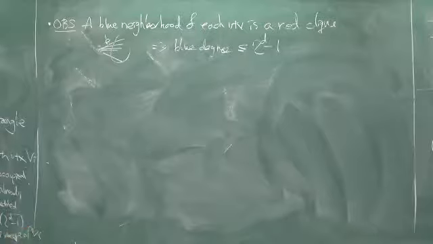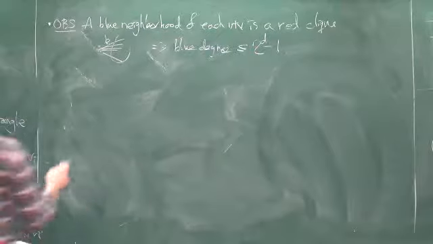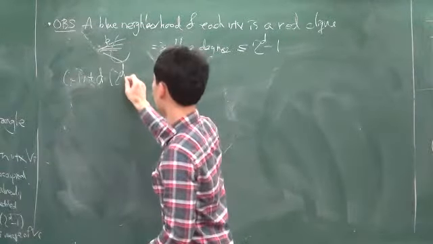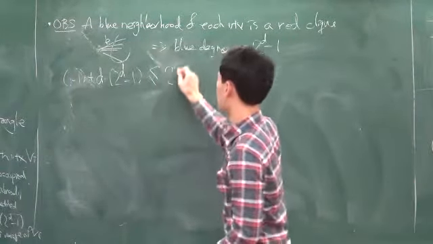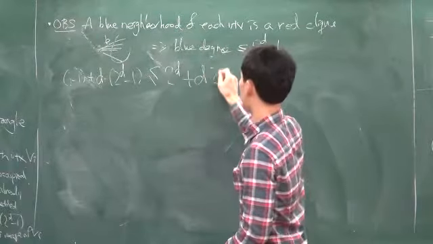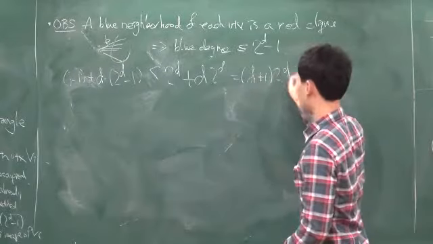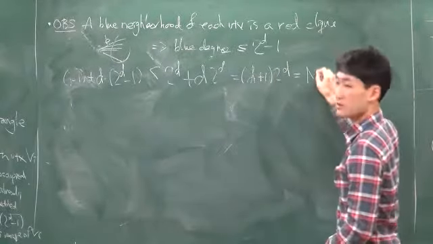In other words, all but these vertices are possible images of v_i. Oh, we can see that i minus 1 plus d times 2 to the d minus 1 is at most 2 to the d plus d times 2 to the d, which is d plus 1 times 2 to the d. And that's the total number of vertices.